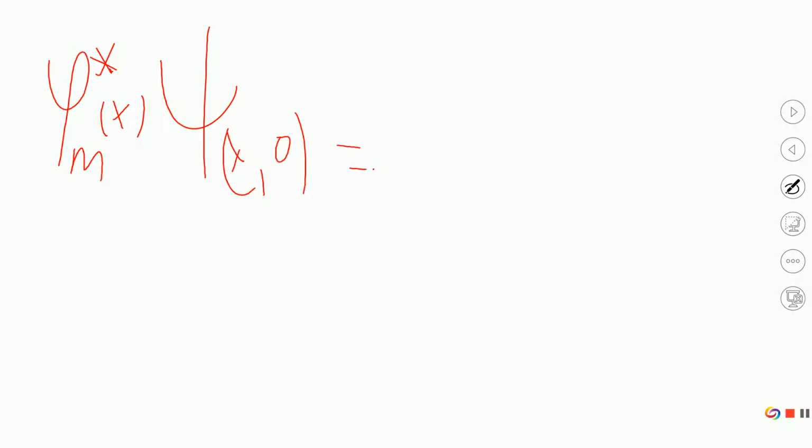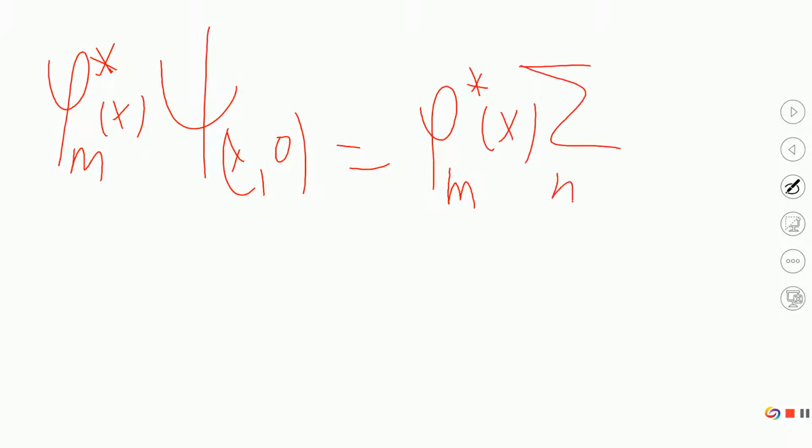Function phi m star x times psi x, which is phi m star x summation over n of c sub n phi n of x.